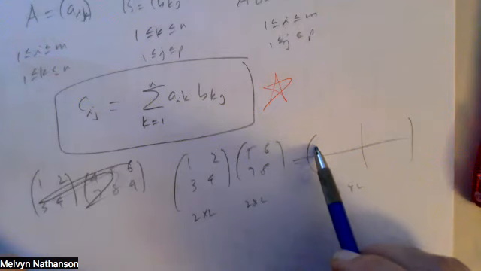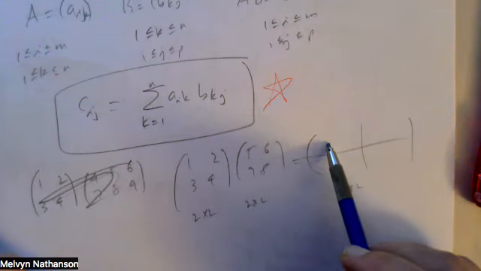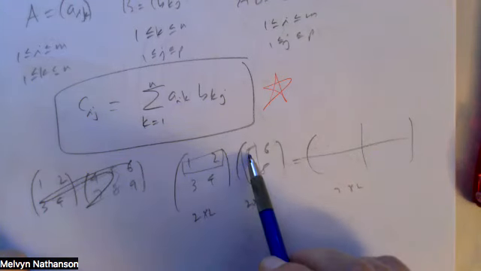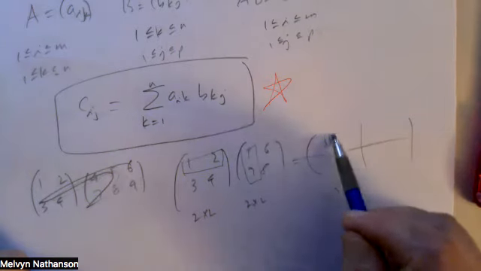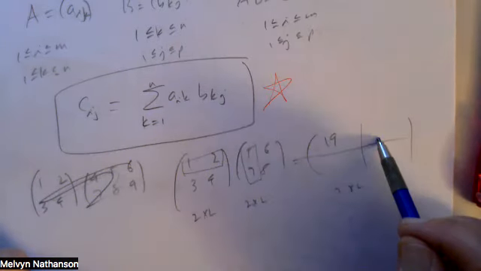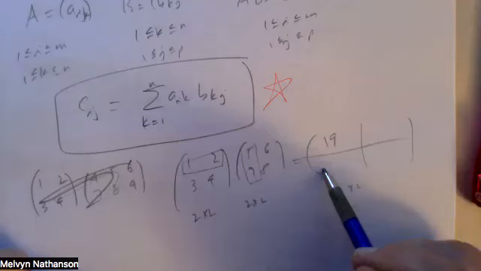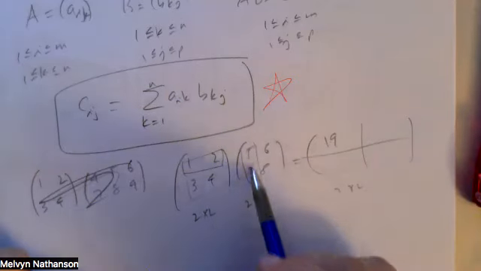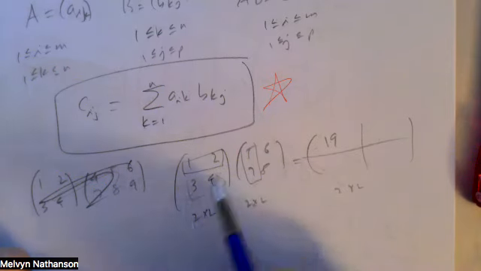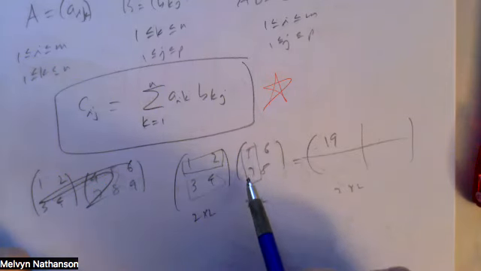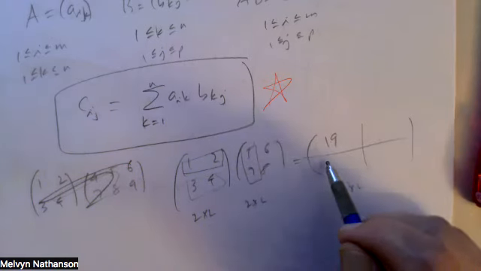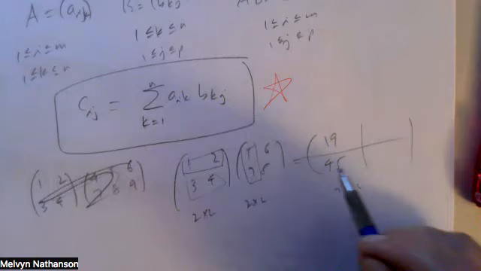What is the number that is here in the first row, first column? You multiply the first row times the first column. 1 times 5 plus 2 times 7 is 5 plus 14. Second row, first column, you multiply the second row into the first column. 3 times 5 plus 4 times 7, 15 plus 28, I think it's 43.